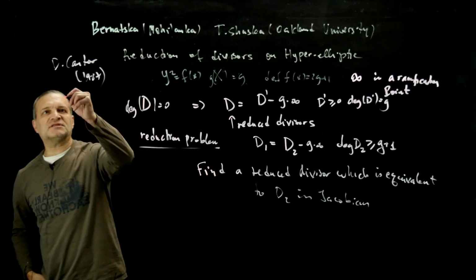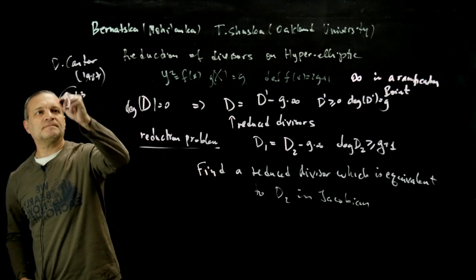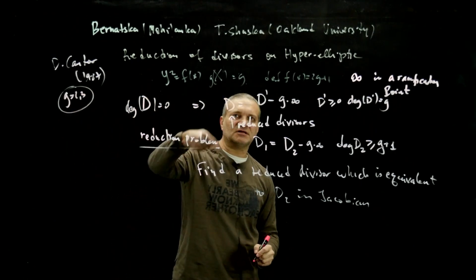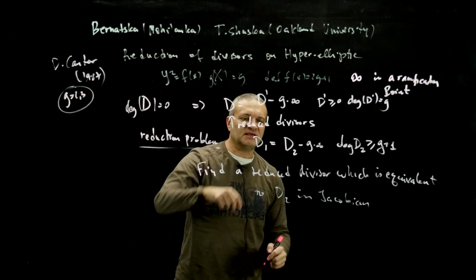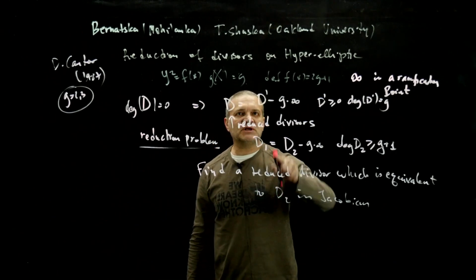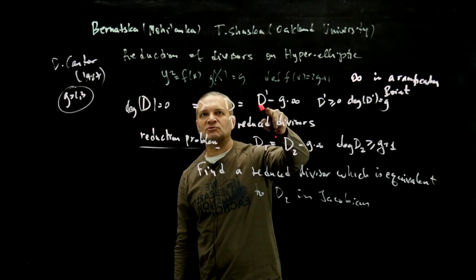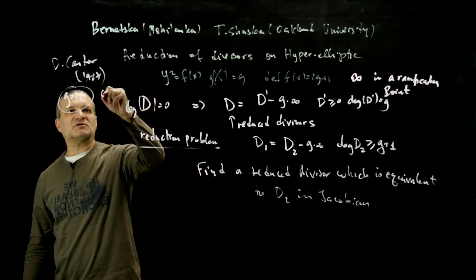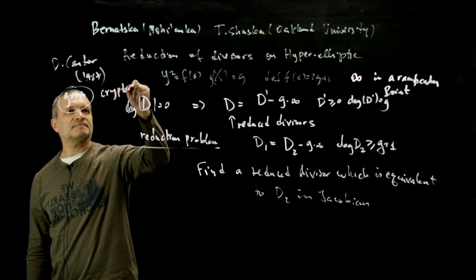For small genuses, genus 2 and 3, we have a direct solution of the reduction problem. Given D2, we know exactly how D' is going to look. This was done for genus 2 and 3 because of cryptographic applications.